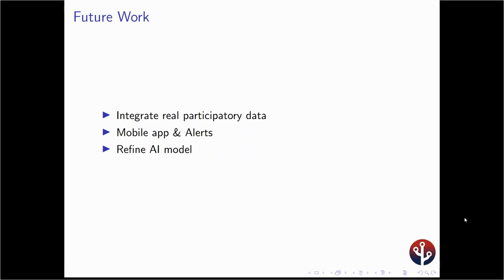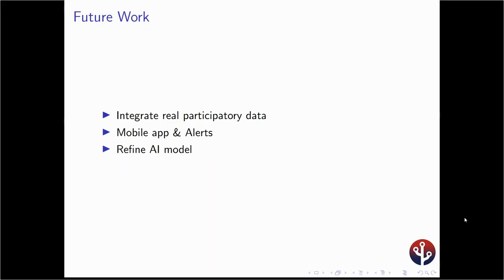So for our future work, we have integration of real participatory data, because right now we're using simulated data. Having actual data would be great. And then we would also want to develop a mobile app to give people alerts, and that would drive user engagement more because it's way more accessible and people can update everywhere they go.